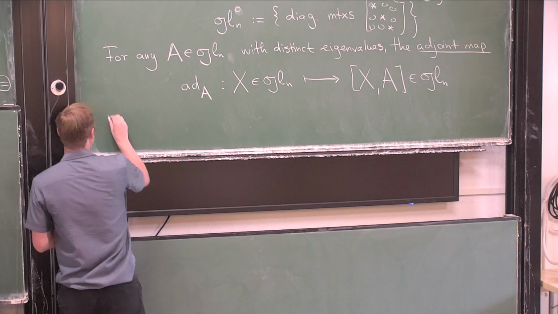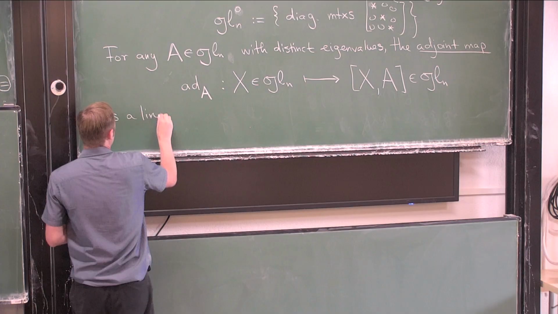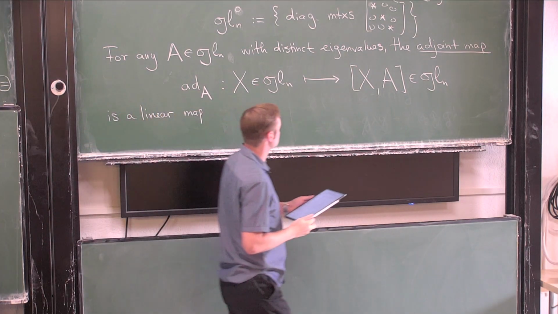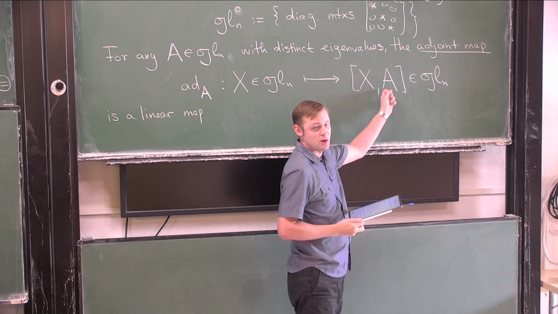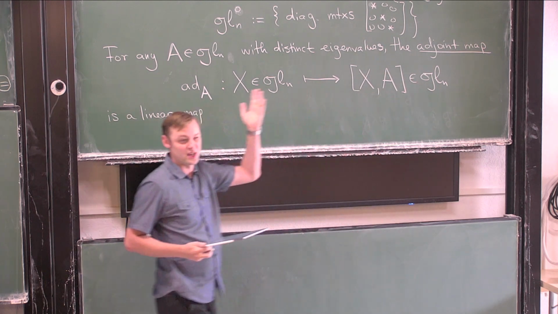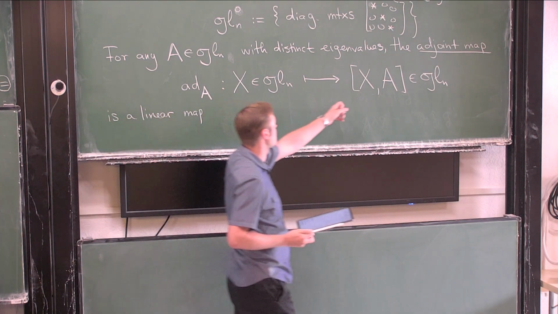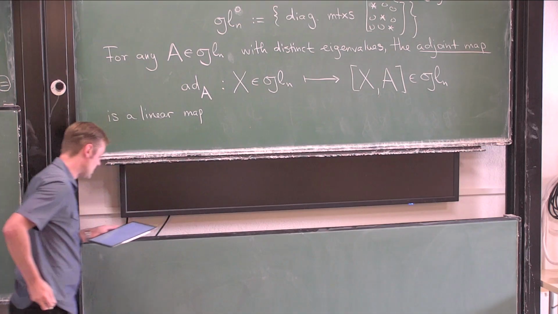First of all, it's a linear map. This part is easy because it is just XA minus AX. We did that check yesterday. We had a very similar looking map. So it's a linear map.